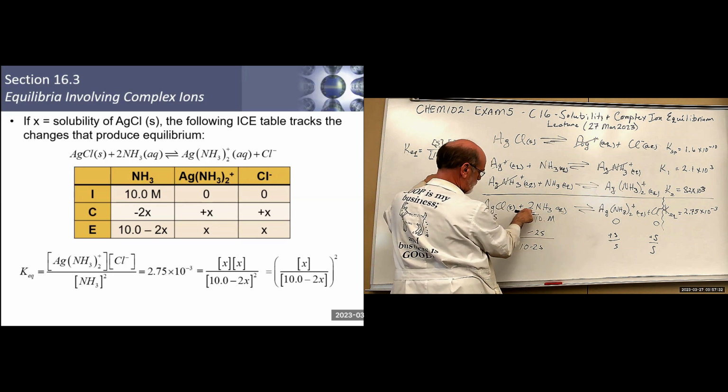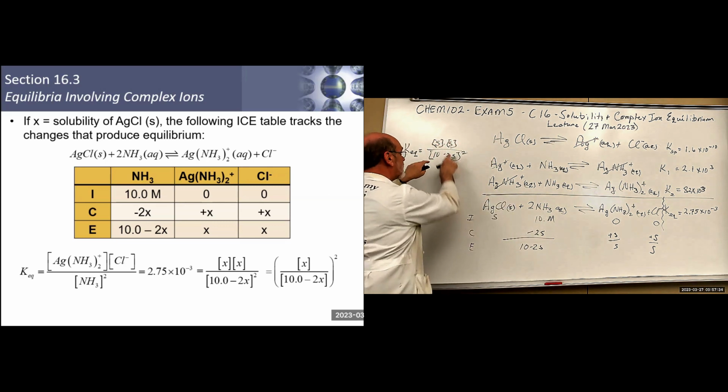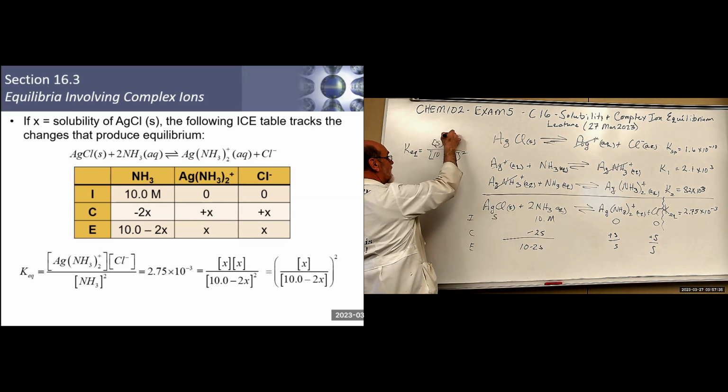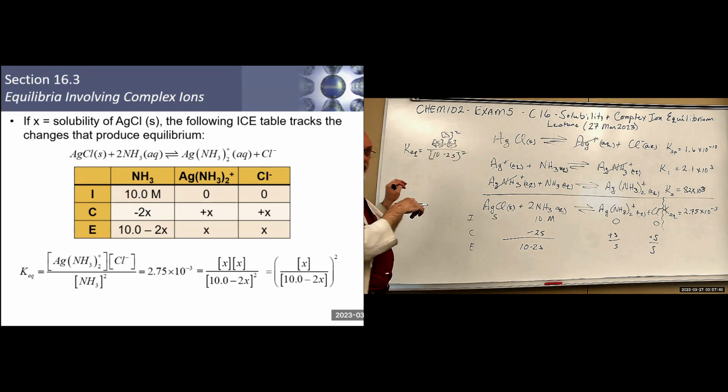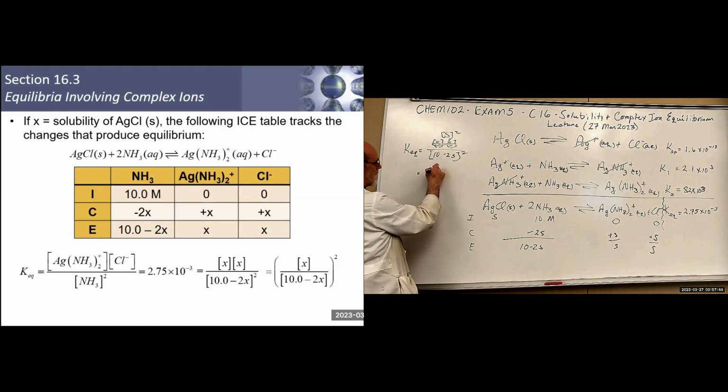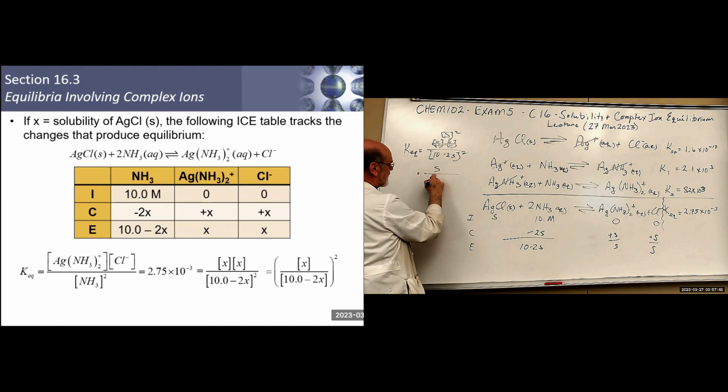Two of those, that's squared. But look at this. This is actually S squared. So now we can pull the square outside. So we have S on top, 10 minus 2S on the bottom, and the whole thing is squared.